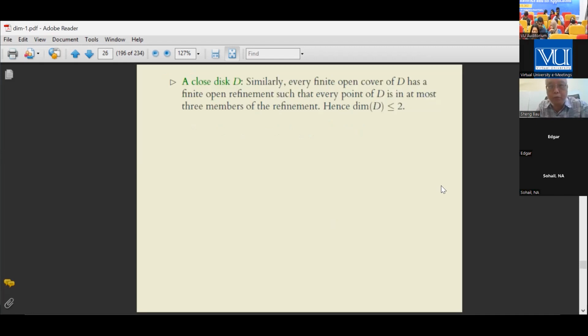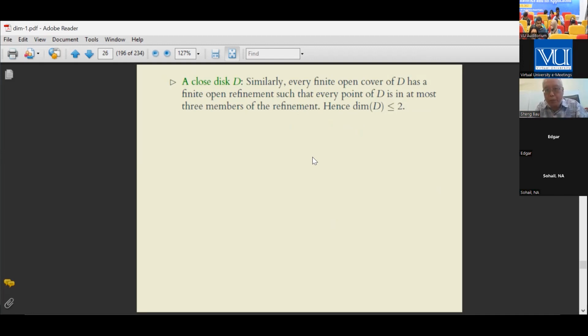Disk, you can easily prove that its dimension is at most 2. Closed disk, which is the interior of any circle union the circle perimeter as well, which is the boundary. This has an open cover.